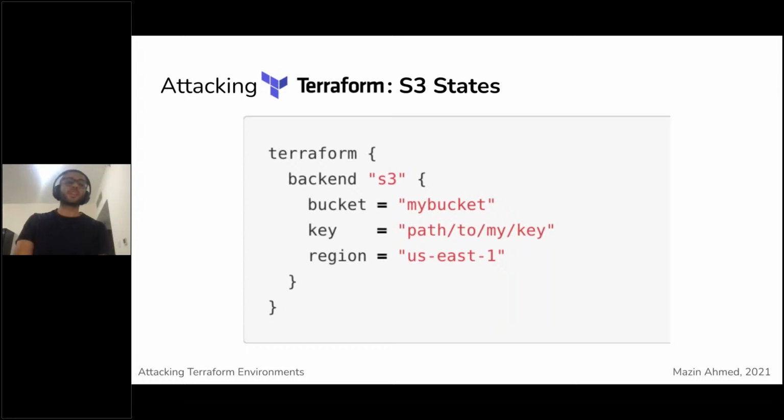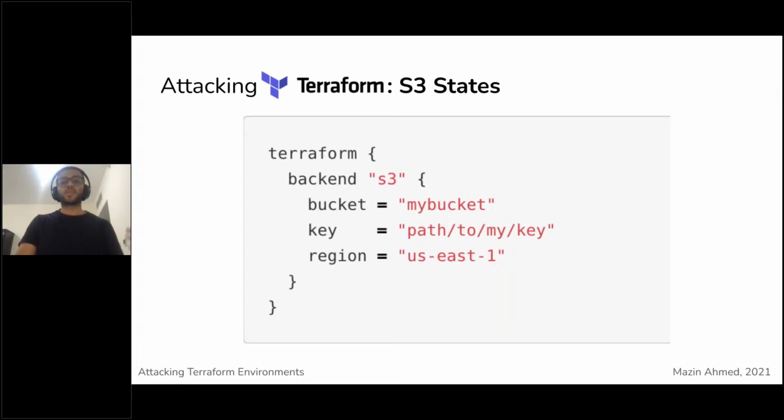How it works? When you're deploying things in Terraform, it documents every single thing that you are deploying within your resources, and then it stores them into something called the state file.